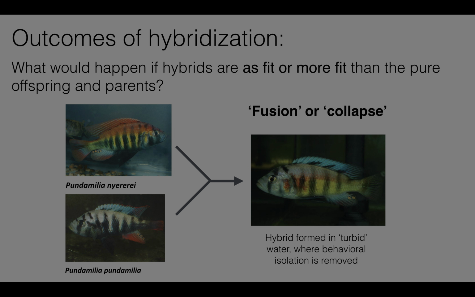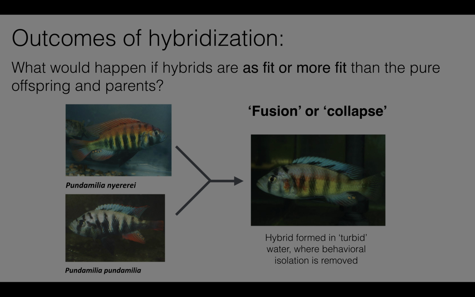Okay, so this is an example from Rift Lake cichlids in Africa. So these are two different species on the left, and they were only isolated by behavioral patterns. Okay, so they just looked different, and so they preferred not to mate with each other because they had different sort of distinctive behavioral mating preferences. And those are all visual.